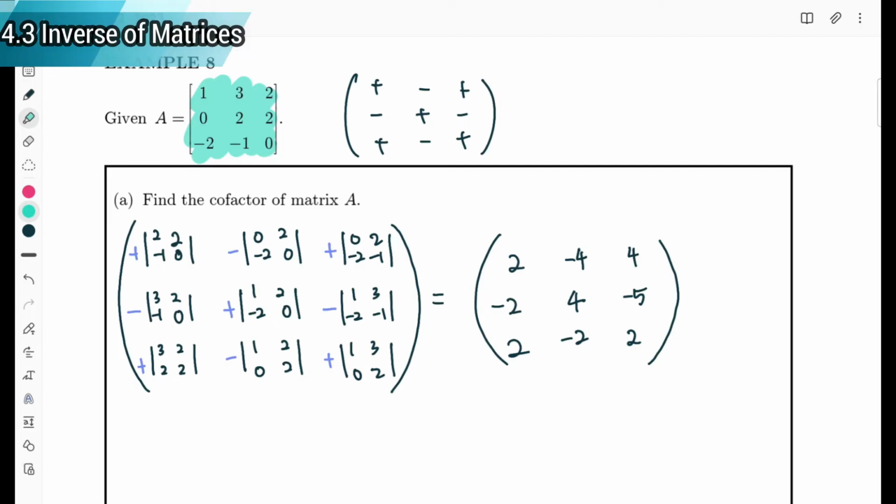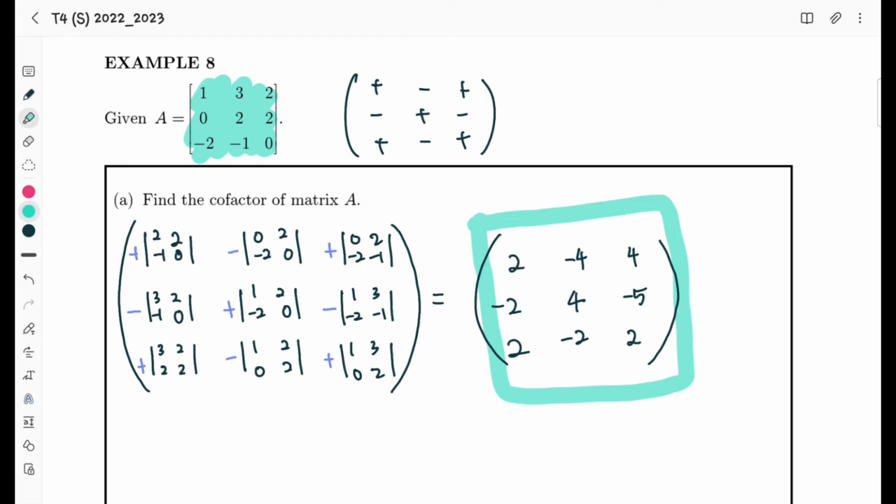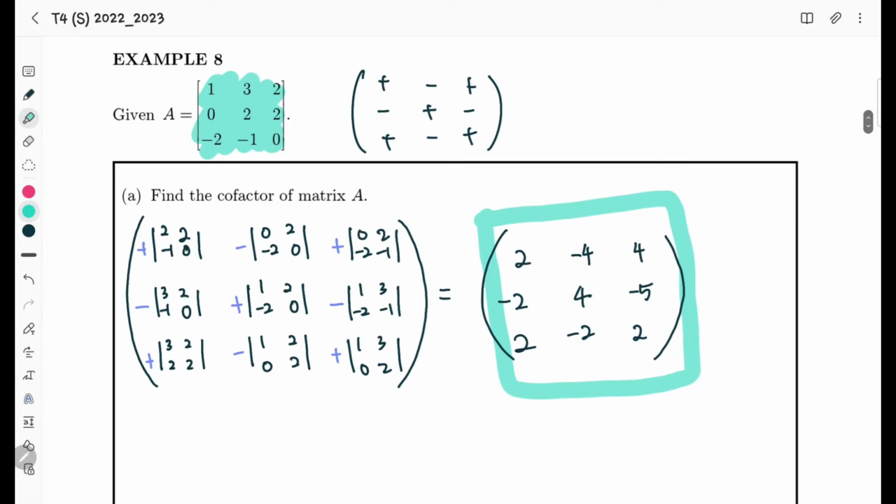So we have found the cofactor for matrix A in example 8. Let's just use the cofactor that we found. You can refer to example 8 for how to find the cofactor. I'm just going to skip that part and straight away use the cofactor that we found previously.